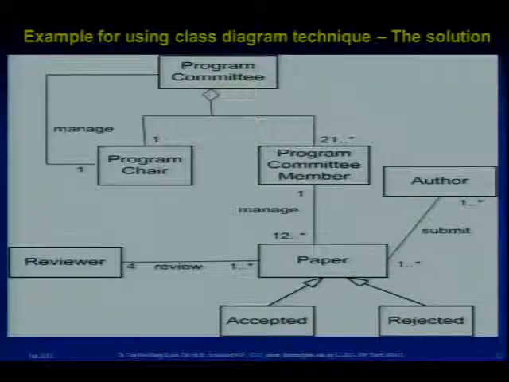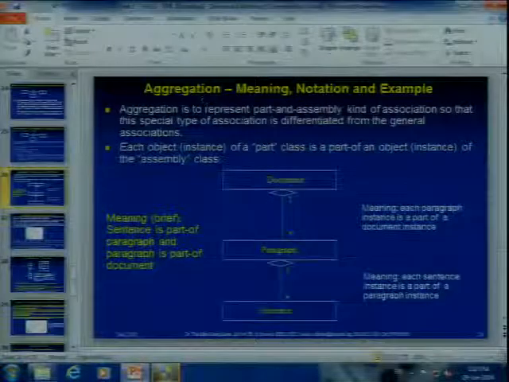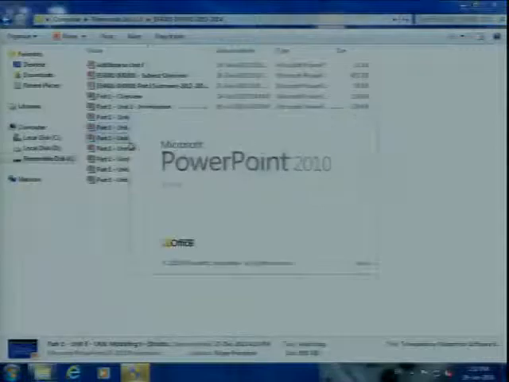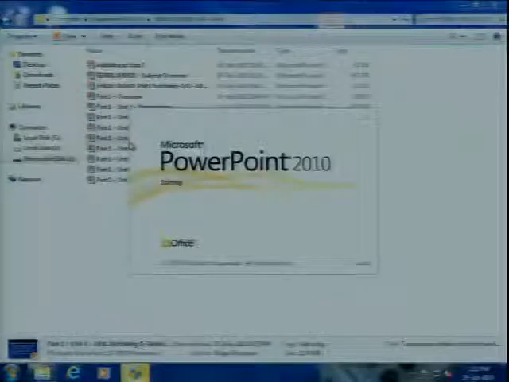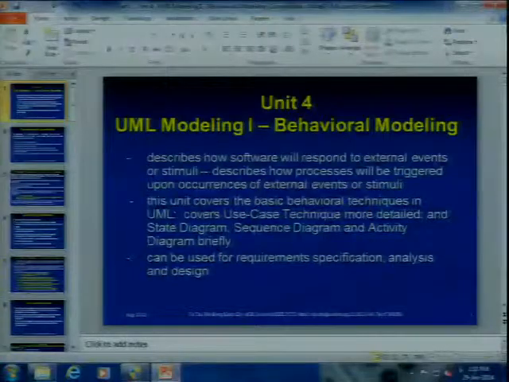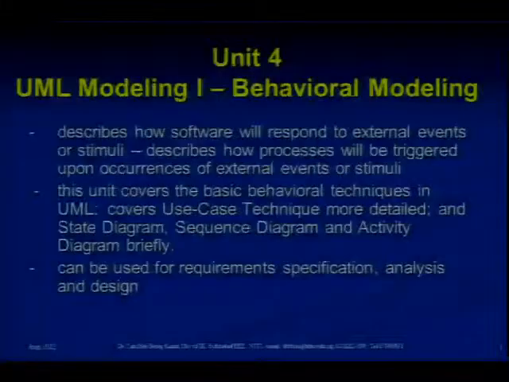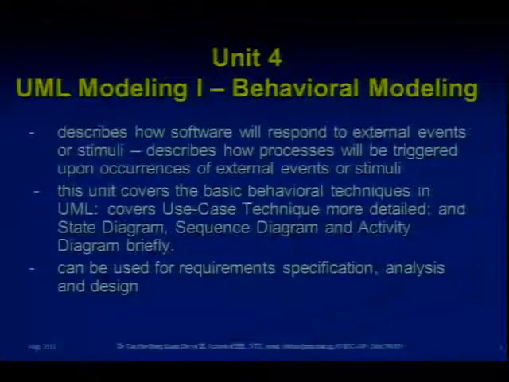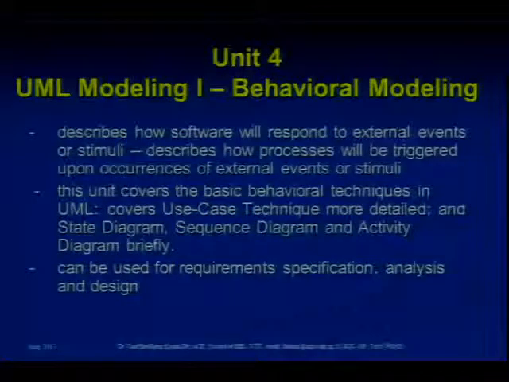So it does not mean that between two classes you can only have one relationship type. Okay, there's so much about class diagram techniques. So now we have finished Unit 3.